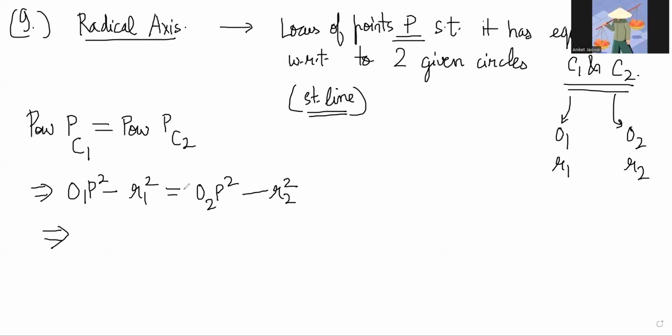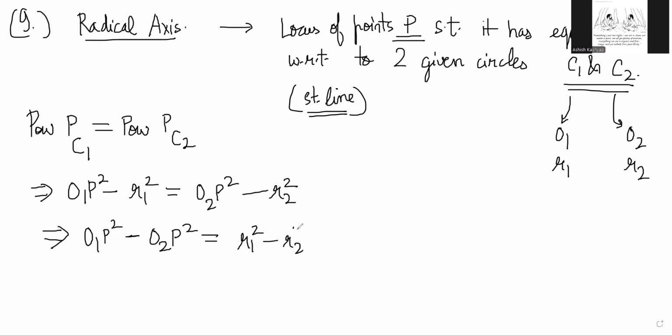From here, O1P square minus O2P square is equal to R1 square minus R2 square. Or rewrite it like this: PO1 square minus PO2 square is equal to a constant.